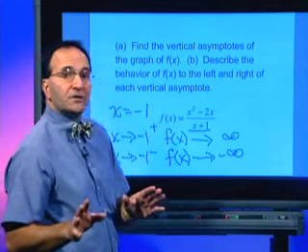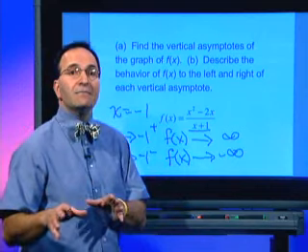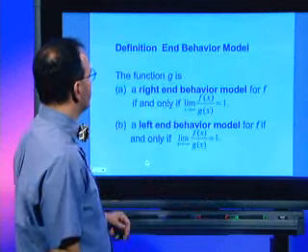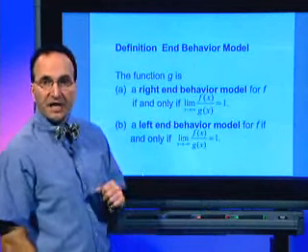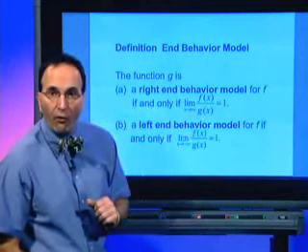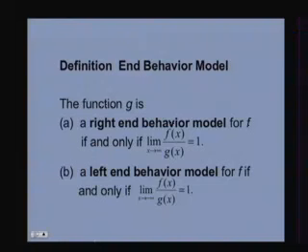Let's now move on to a general statement using limits to determine the end behavior for any function. The function g is a right end behavior model for the function f if and only if the limit as x goes to infinity of f of x divided by g of x is equal to 1.